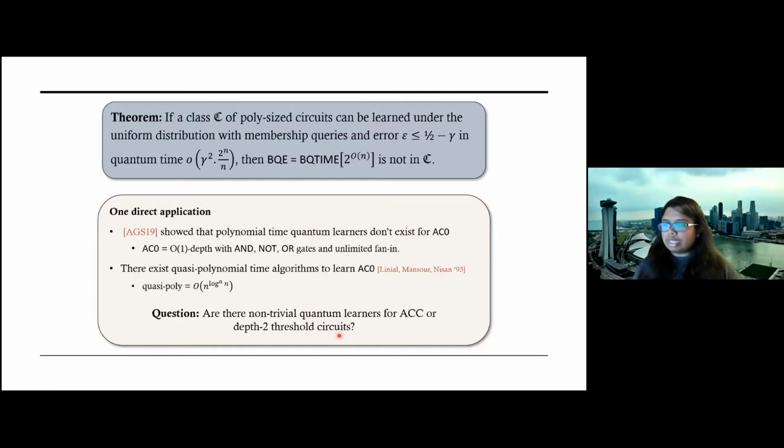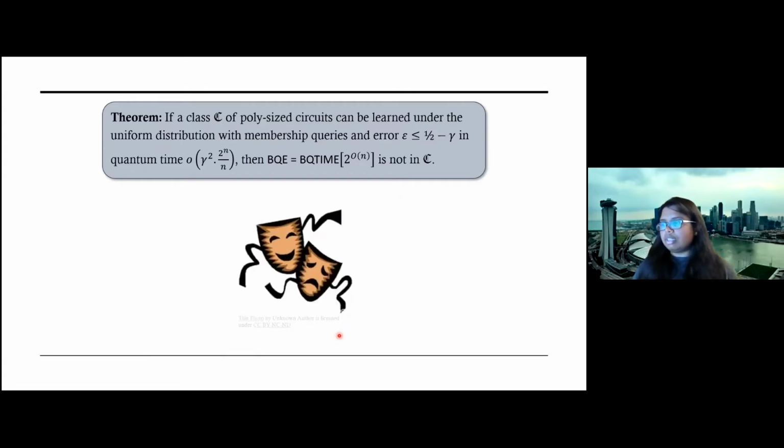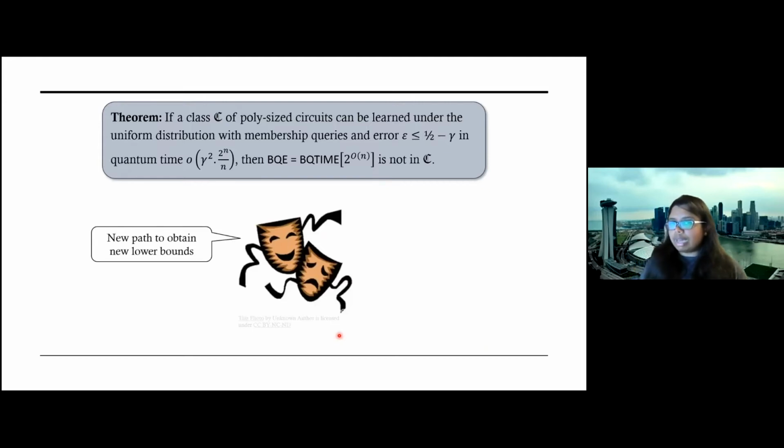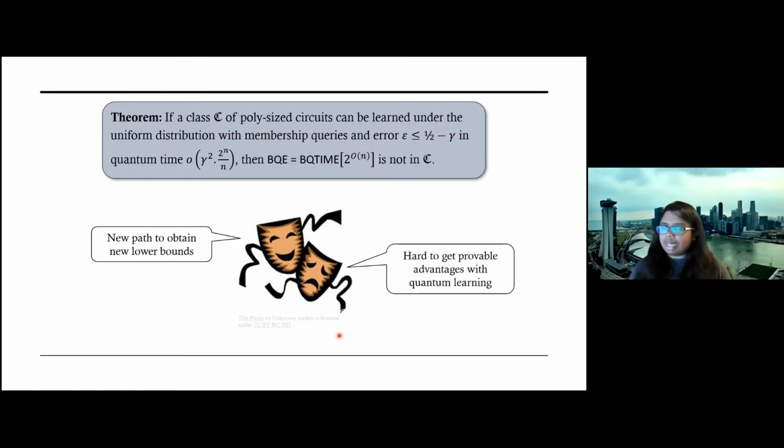As with most things in life, this result has two ways to look at it. If you're feeling optimistic today, you may be happy that this gives us new ways to obtain circuit lower bounds for quantum complexity classes, and maybe we can use these techniques to improve these ideas even more. But if you're feeling more pessimistic, you can say that it's very hard to get these circuit lower bounds.